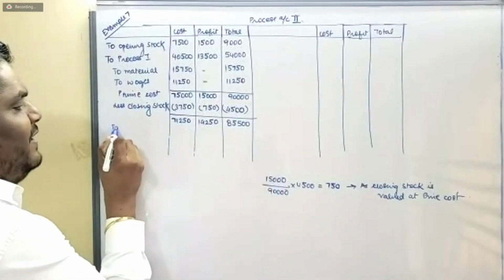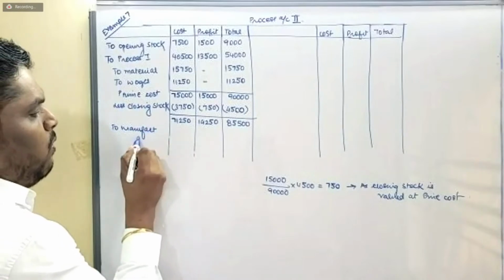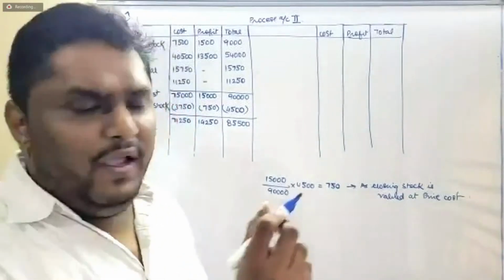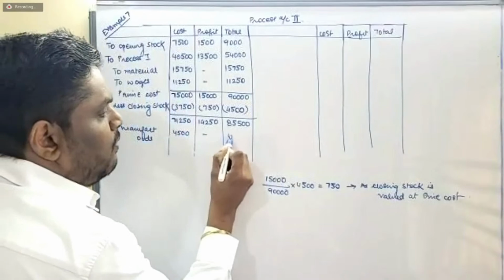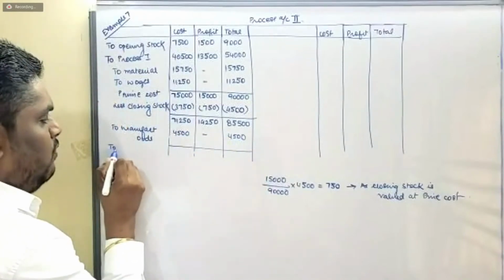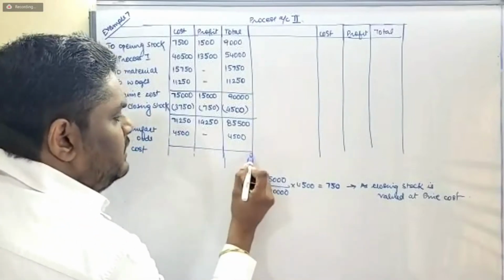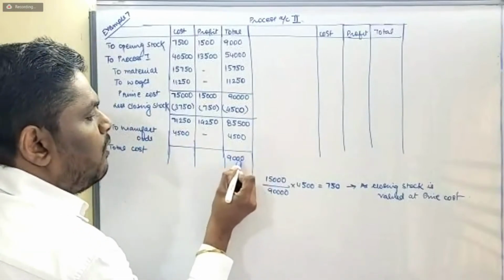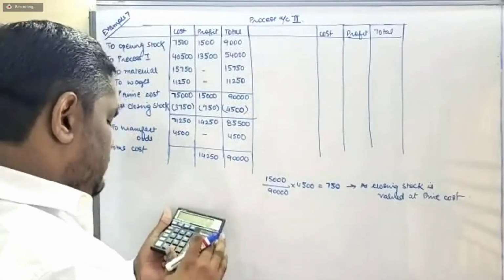Now, if we add manufacturing overheads, that is given in the question, that is 4,500, we'll get the total cost. This will be 90,000 and 14,250.